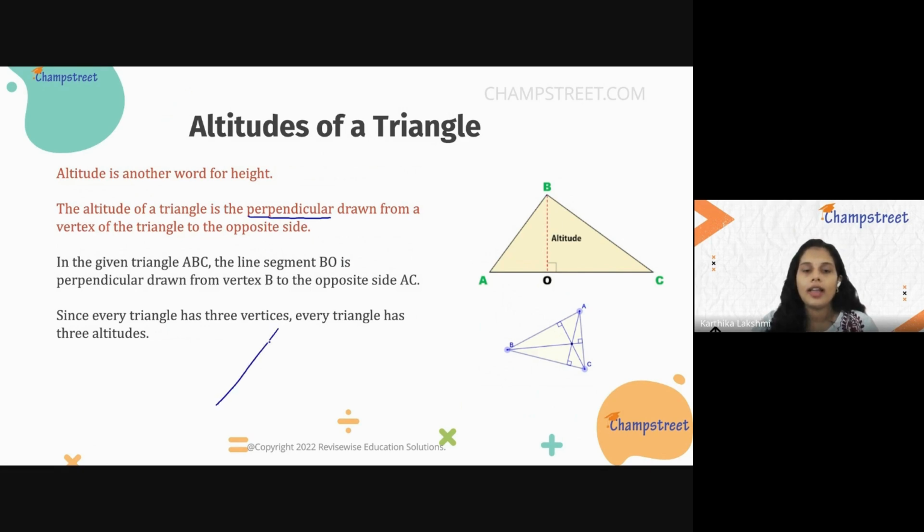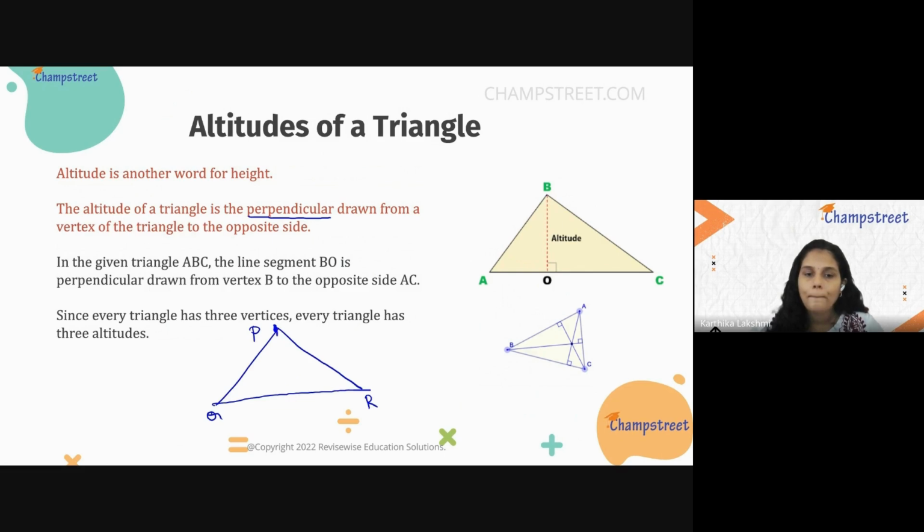So when I'm taking a triangle like this, triangle ABC or PQR, I'm selecting this vertex P, and the corresponding base, or the opposite side, is QR.